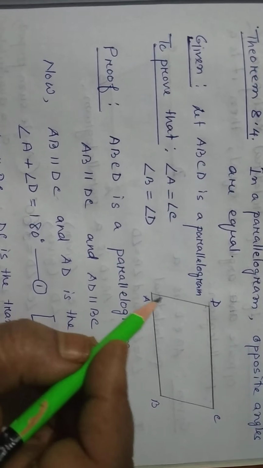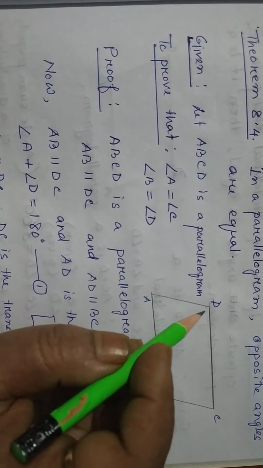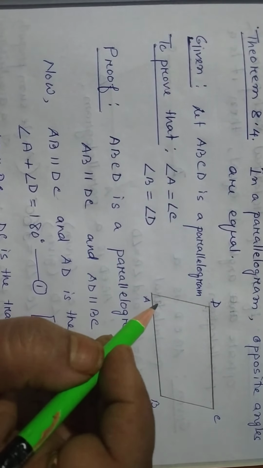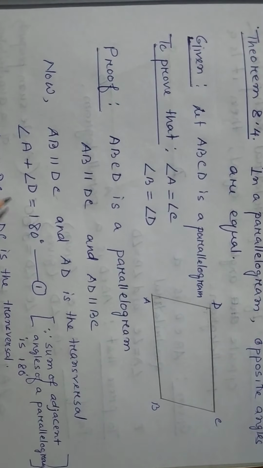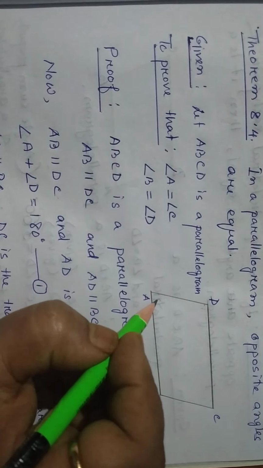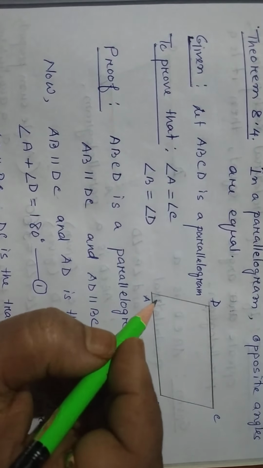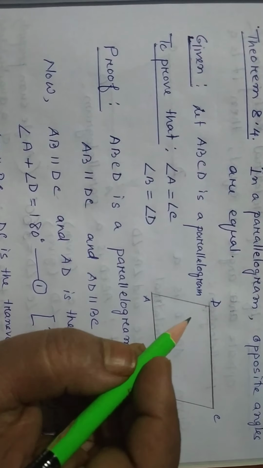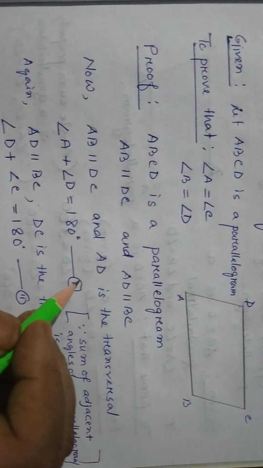Why? Because the sum of adjacent angles of a parallelogram is 180 degrees. Therefore, angle A plus angle D is equal to 180 degrees.